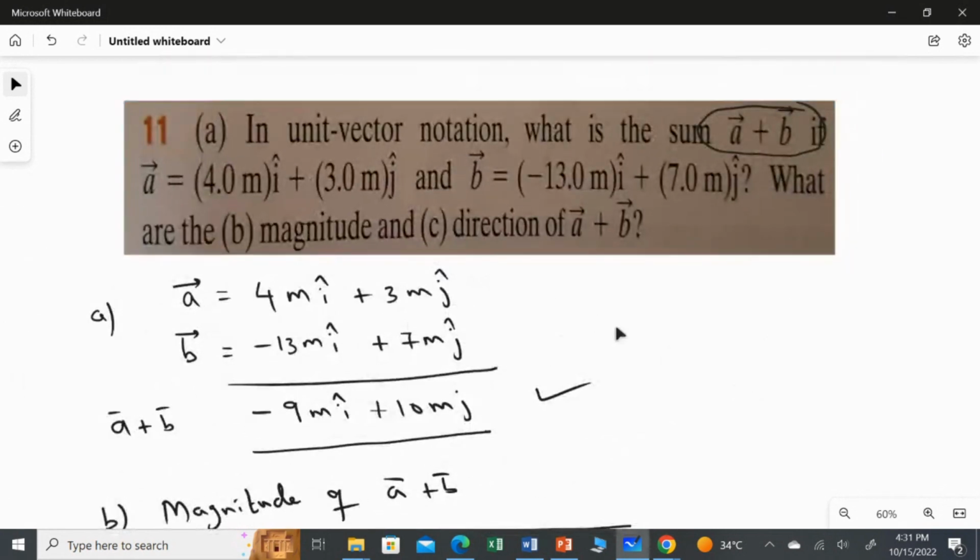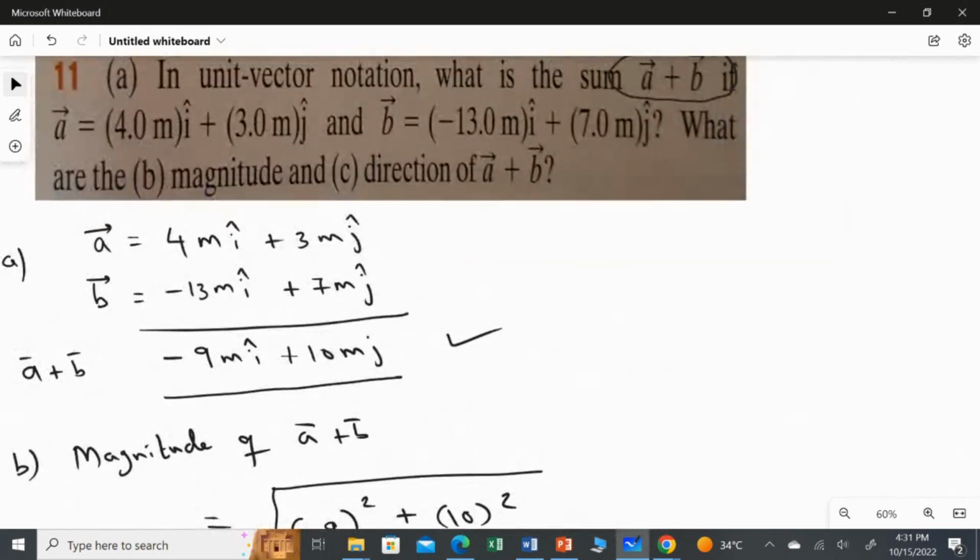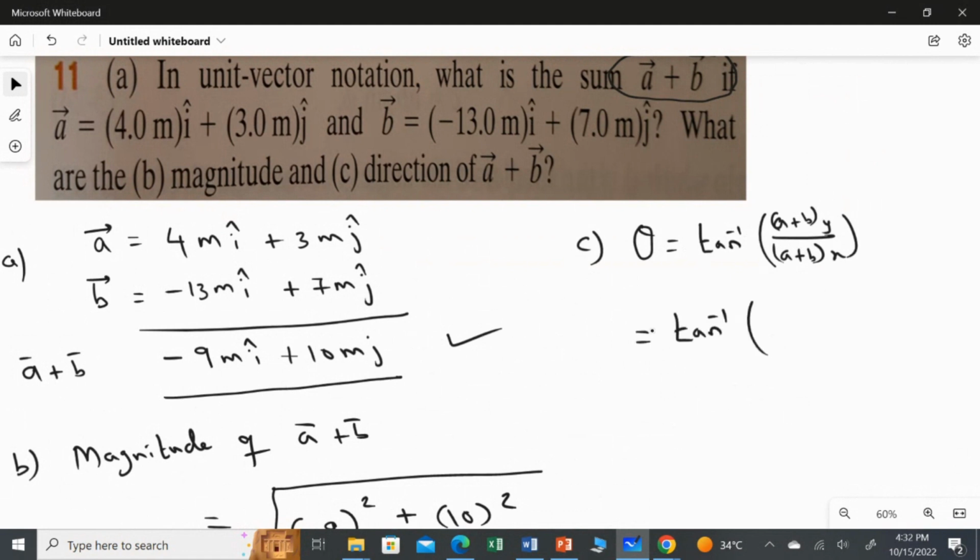And third part, you have to find the direction. So I'm going to write the third part here. Third part, direction theta, which is equal to tan inverse of A plus B y component over A plus B x component. So tan inverse of y over x. That's the formula I'm using here. So here tan inverse of, what is the y component of A plus B?